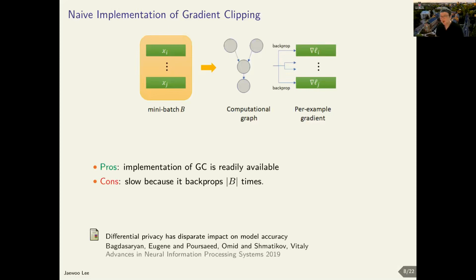While this allows us to implement the gradient clipping without making any modification to the existing deep learning framework, this process is extremely slow because we have to backpropagate for all observations in our mini batch. Now the question is whether we can do better than this or not.